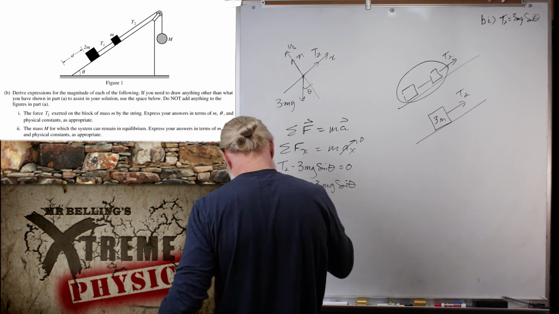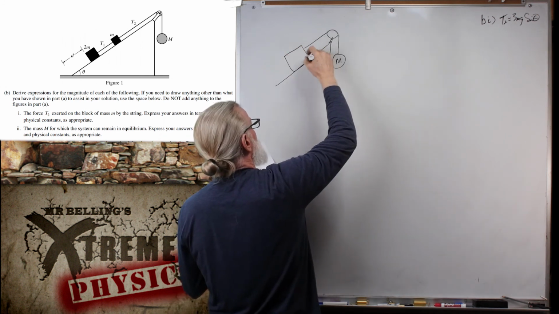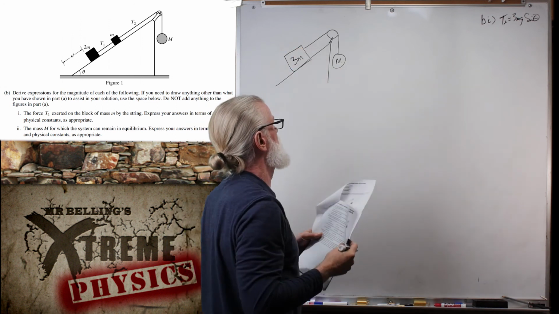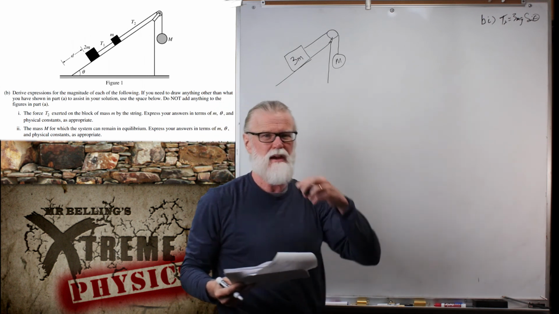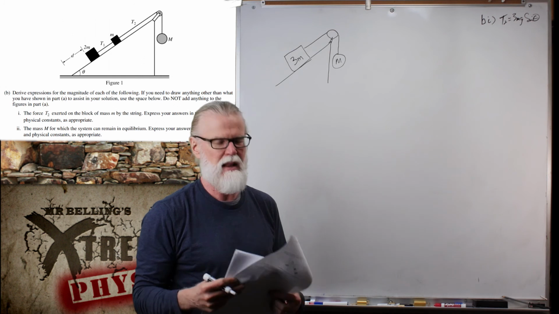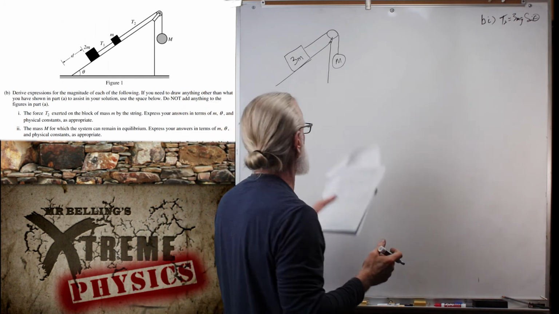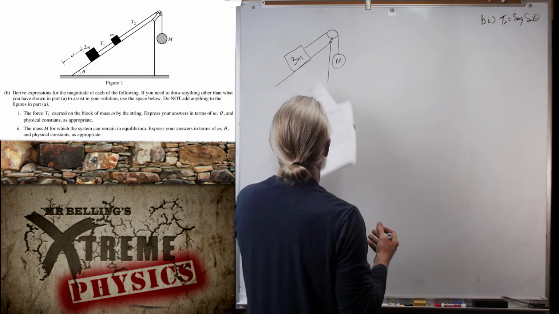All right, so I'm going to treat this like we have a single object of 3 little m. I know they're attached by strings, but if we don't care about what the tension force T1 is on the 2m block, let's eliminate it. Let's choose our object of interest as both of them together.